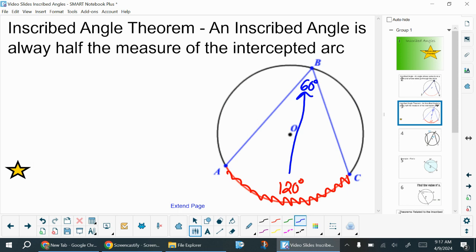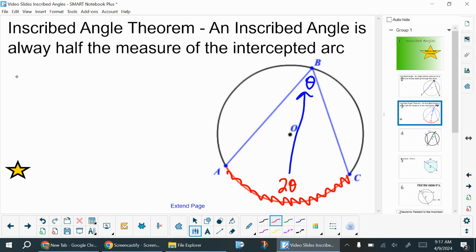And so what we could say, if we wanted to put in more general numbers, a lot of times you'll see that if this angle was theta, this arc would be 2 times theta. So there's two ways to write this.